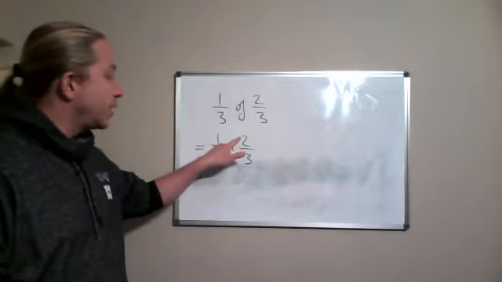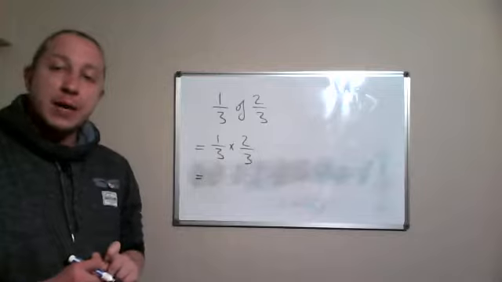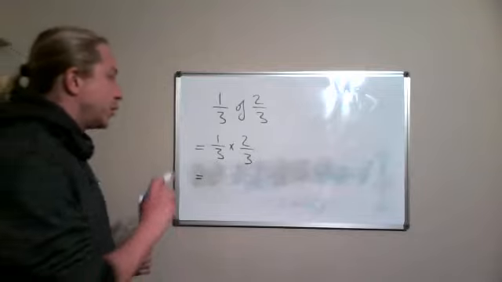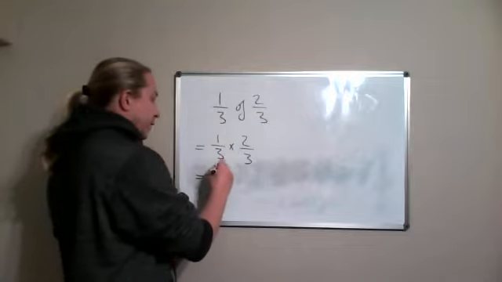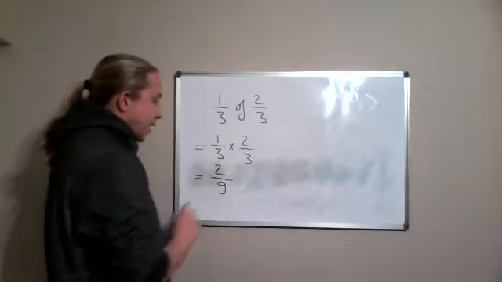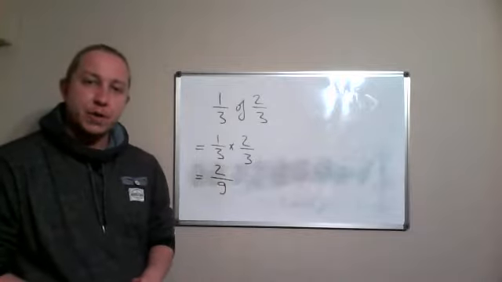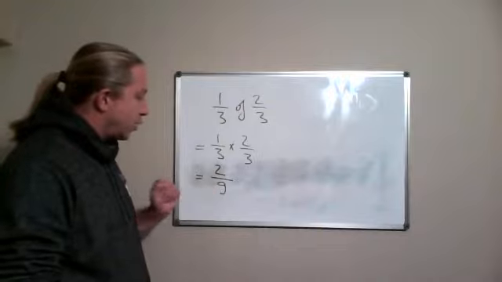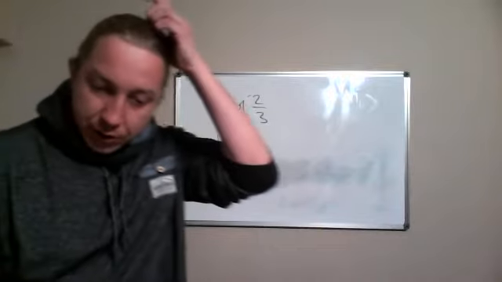Multiply the numerators, multiply the denominators, and then we'll see if we need to cancel or simplify further. So 1 times 2 gives me a 2, over 3 times 3 gives me a 9. Can we simplify 2 over 9 further? No, because there's no common number between 2 and 9. So that was quite an easy one.